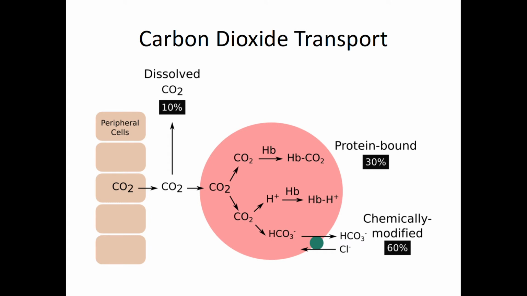So the other thing that we need to talk about is carbon dioxide. I said, oh, this dissolves, it's easy. That's true. But actually, most of our carbon dioxide is transported in a chemically modified form, because carbon dioxide is actually our main buffer system in the blood.